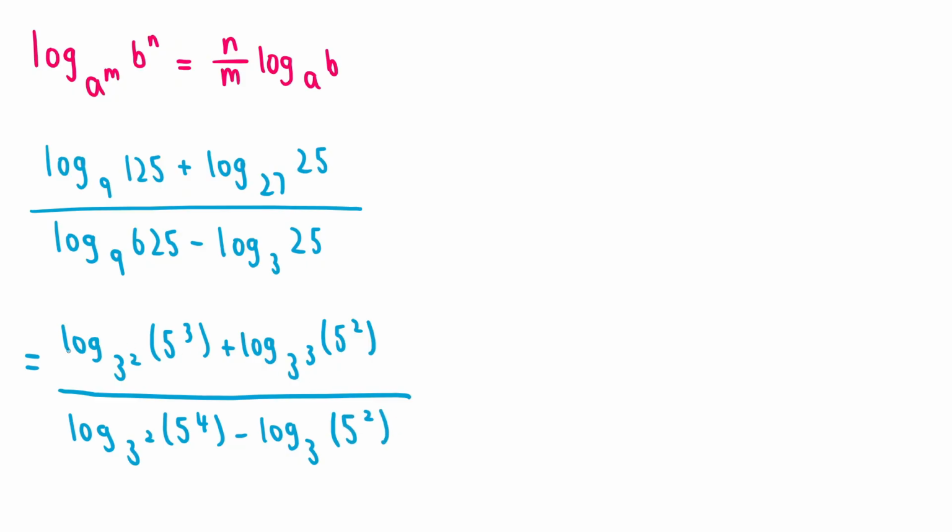If we use the property, log base 3 squared of 5 cubed is the same as 3 over 2 times log base 3 of 5, and log base 3 cubed of 5 squared is the same as 2 over 3 log base 3 of 5.